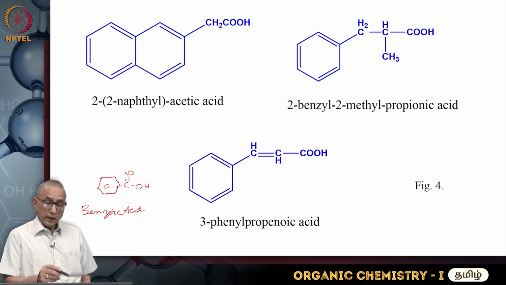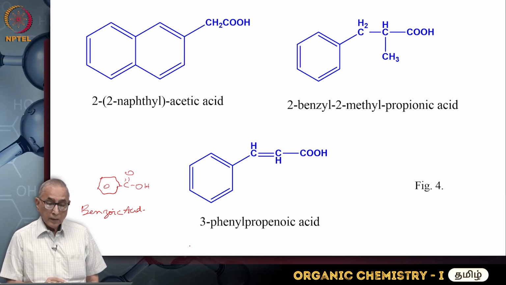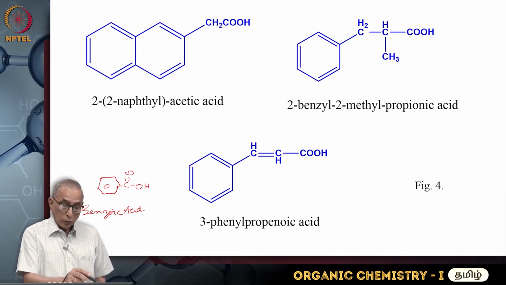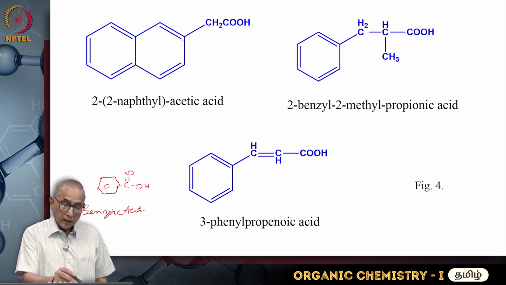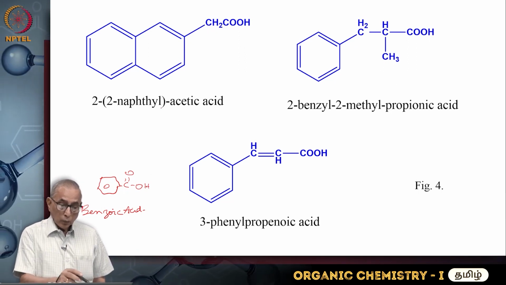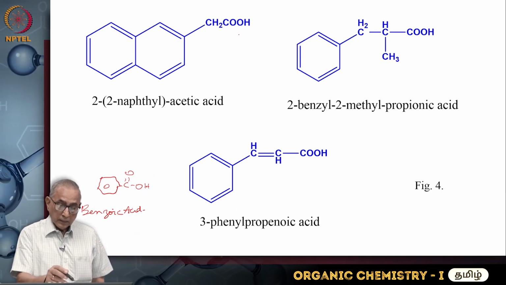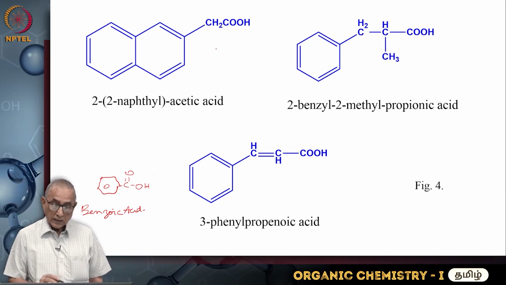In the naphthalene ring, if this group CH2COOH is attached, it is named 2-naphthyl acetic acid, where 2 is the position of attachment of the acetic acid group with the naphthalene. It is attached at the 2 position. So, this is the name of this naphthyl acetic acid.